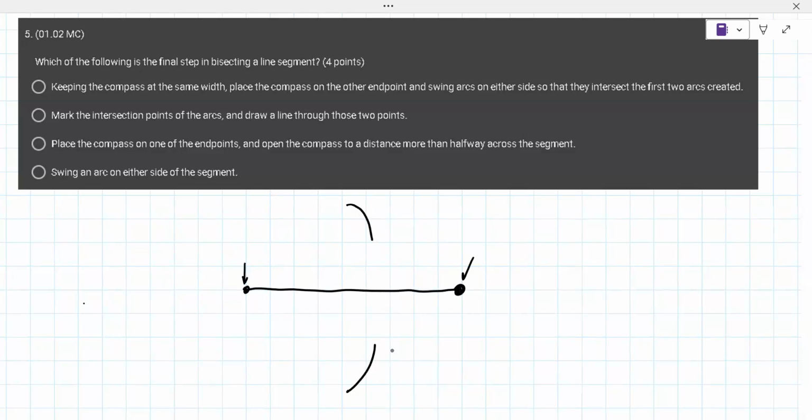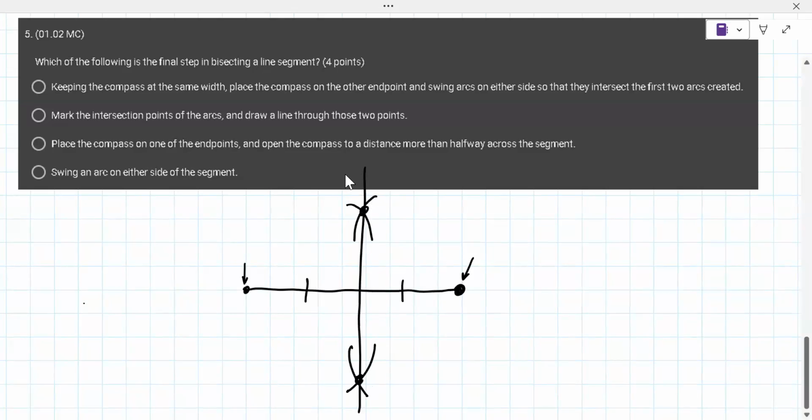Then you go and stick the sharp end in the other place without changing it. You swing two arcs, and then you use a straight edge to connect these. So the final step here is to take a ruler and draw this line connecting them.